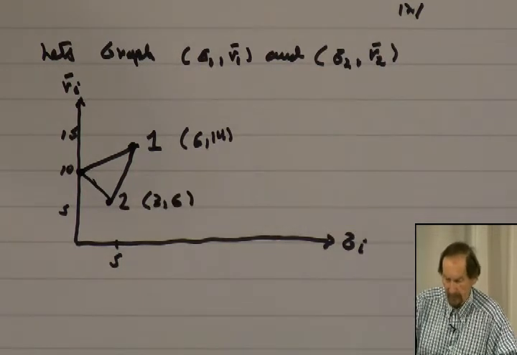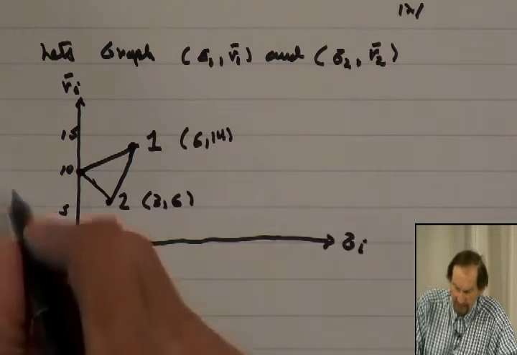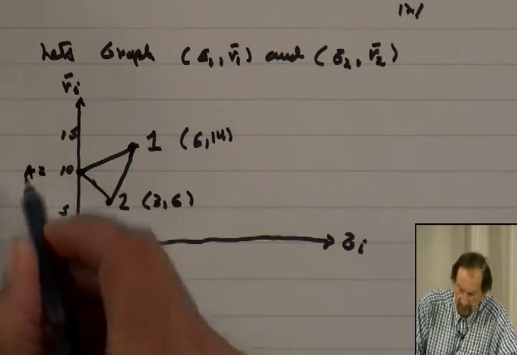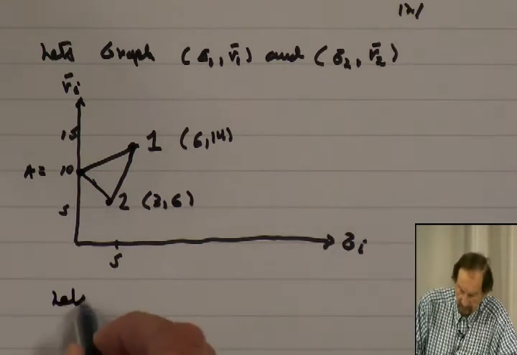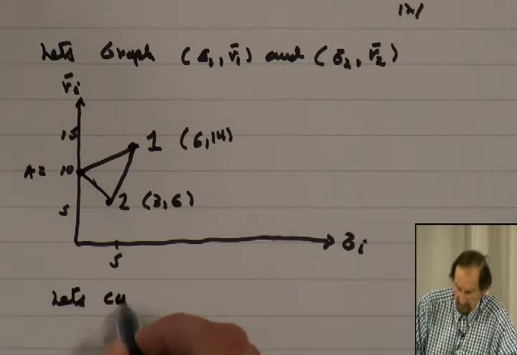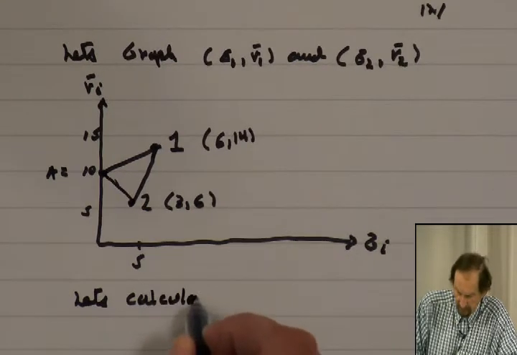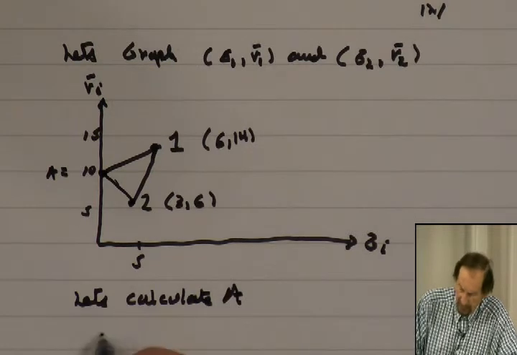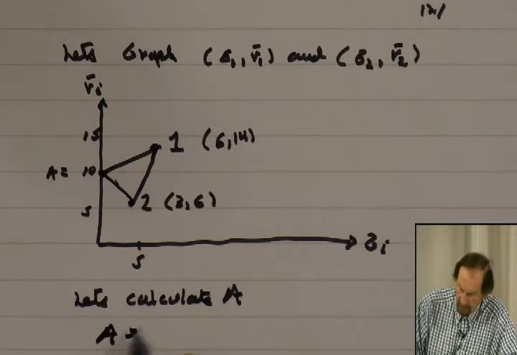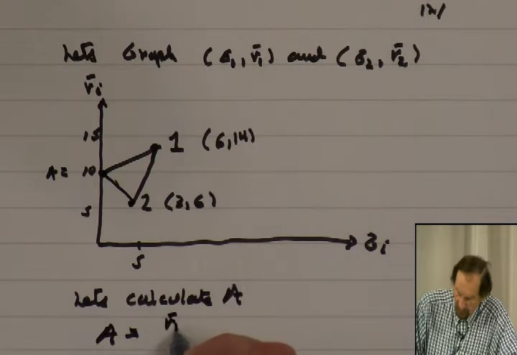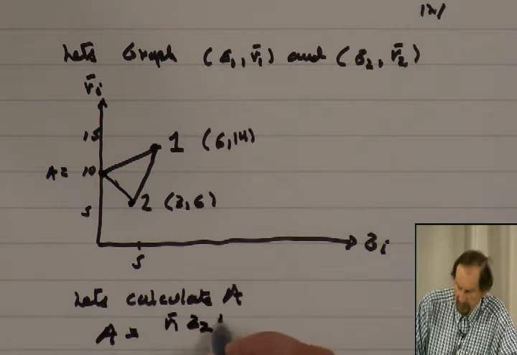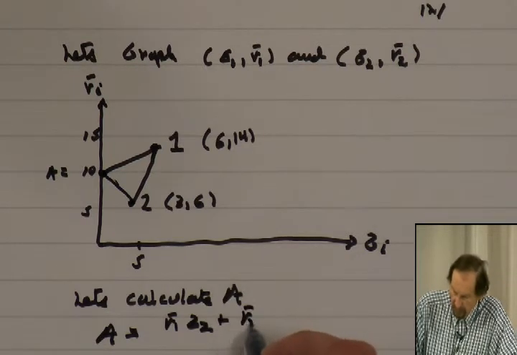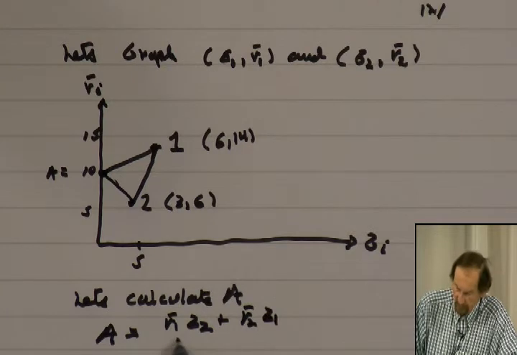Let's calculate A. We said that A equals r bar 1 sigma 2 plus r bar 2 sigma 1 over sigma 1 plus sigma 2.